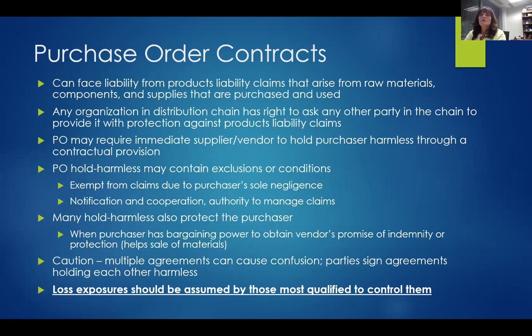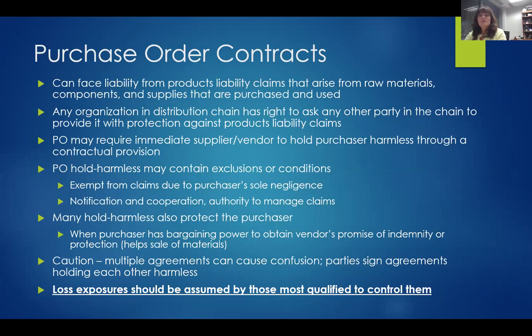So with a purchase order, you can face liability from products that you're buying. A lot of people don't think of this. If you're a retailer, let's say you're O'Reilly Auto Parts and you're buying tires and auto parts that you're going to sell to customers, even if you didn't build that product, you still have a certain level of product liability because the end user knows they got it from you, and if it fails, they're going to sue you.